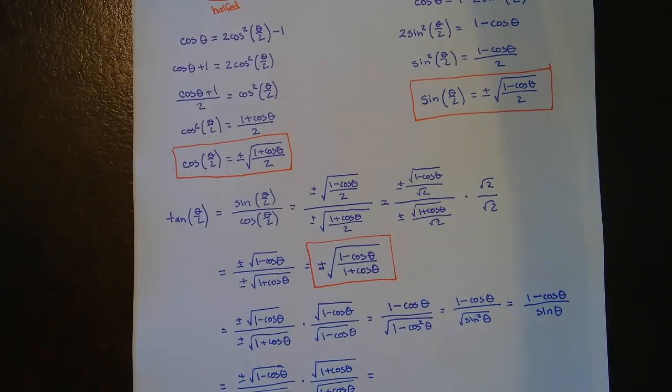When I multiply this, I'm going to get a perfect square, because both these things are the same thing, and then the square root will take care of the square. So I'm going to be left with 1 plus cosine theta in the denominator. If I multiply this out, I'm going to get the square root of 1 minus cosine squared theta, but that's sine squared theta over 1 plus cosine theta.